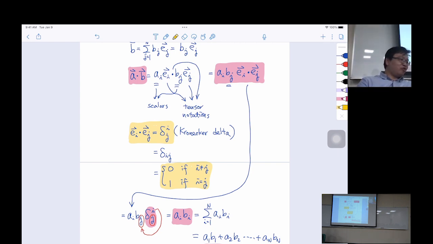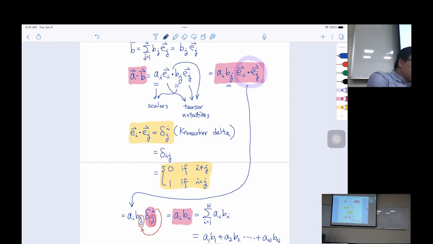So the purpose of using Kronecker delta here is to replace e_i dot e_j in the formulation to simplify it, so you don't need to deal with the dot product sign and those vectors.